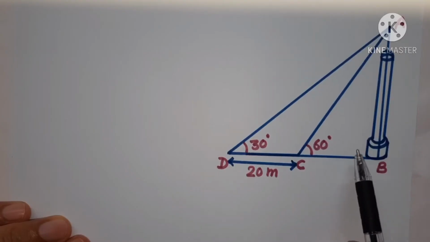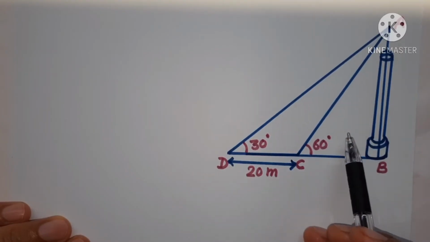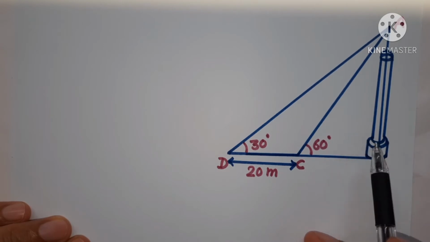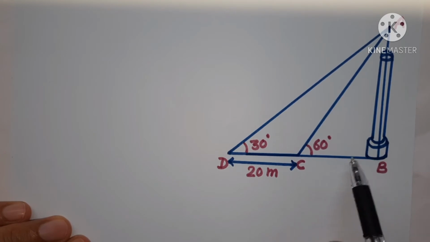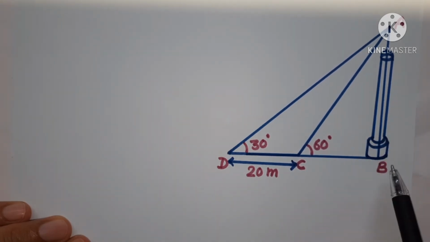So this is the diagram of question number 11, exercise 9.1. In this question this is the tower and this is the canal. So we will find AB and BC.